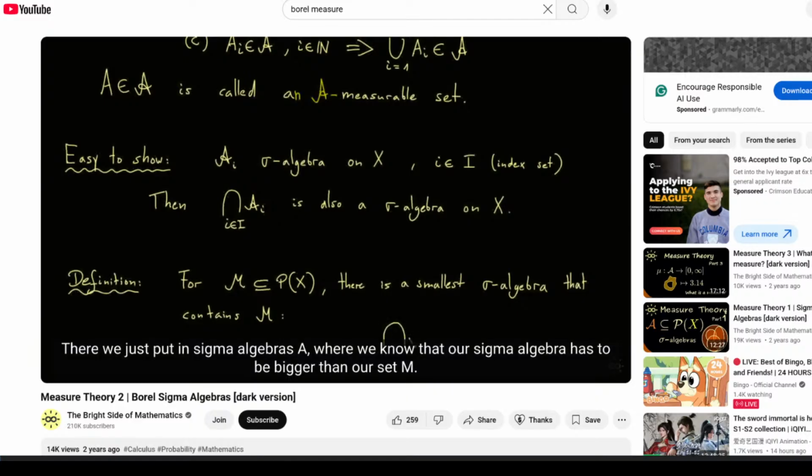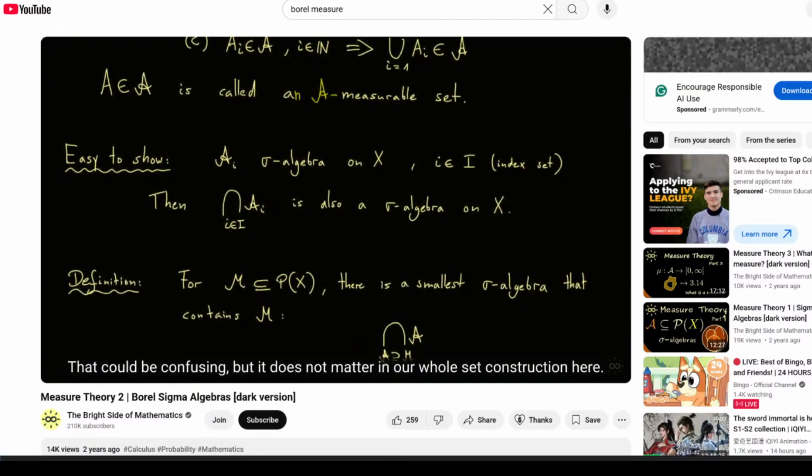There we just put in sigma algebras A, where we know that our sigma algebra has to be bigger than our set M. Still keep in mind that we are working inside the power set, so we're working with sets of subsets. That could be confusing, but it doesn't matter in our whole set construction here.